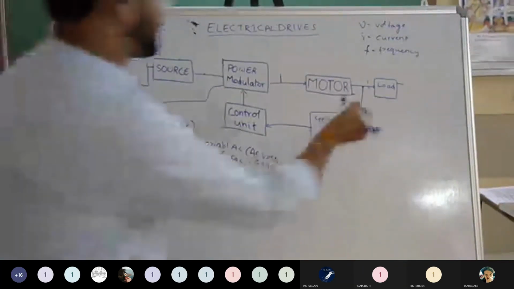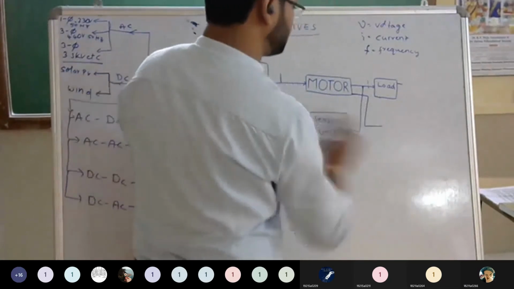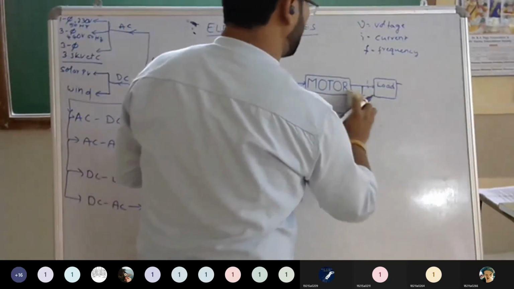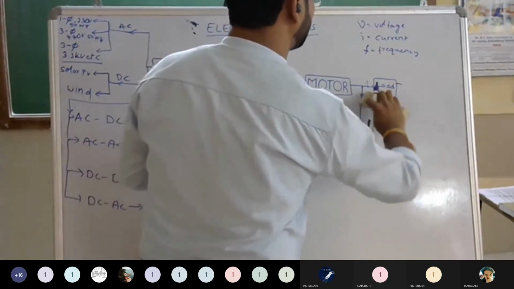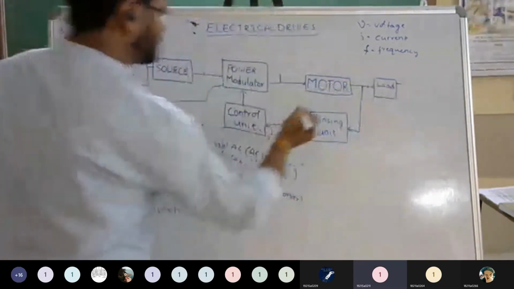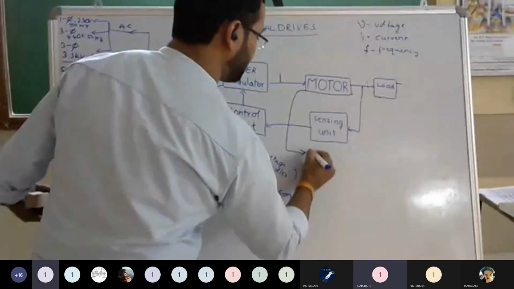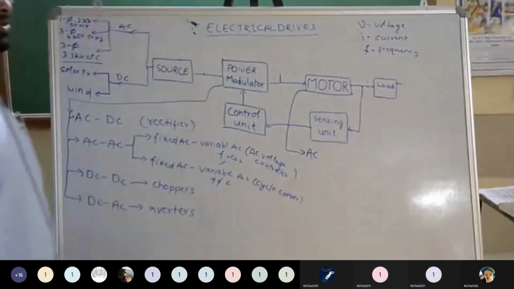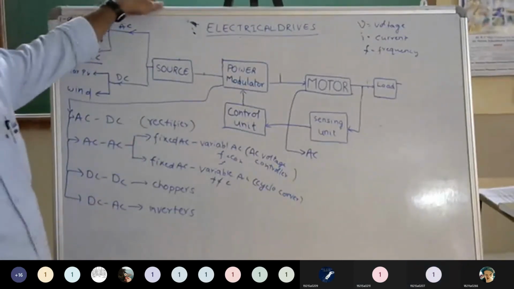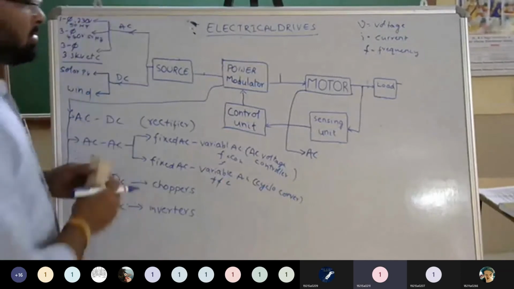Next, we will come to the motors. How many types of motors do we have? AC, DC. That's it. Any other? Series, shunt, compound. Series, shunt, compound won't come under AC or DC.